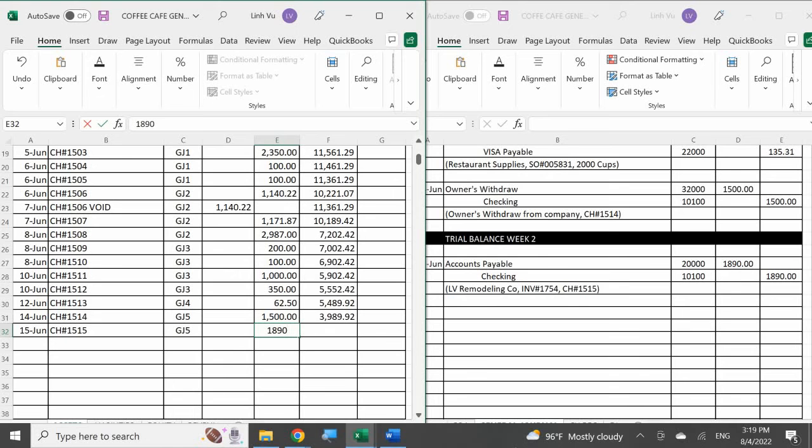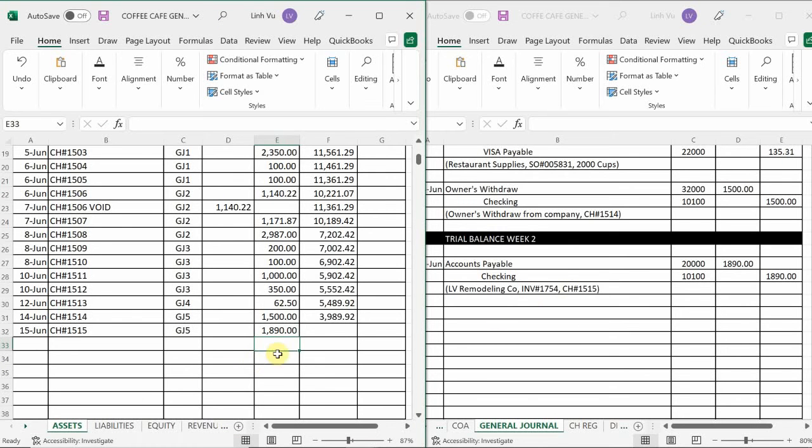When you say subtract, we are crediting. Good. So the credit balance will go up, the debit balance will go down. So what is my current balance now? $2,099.92. Good.